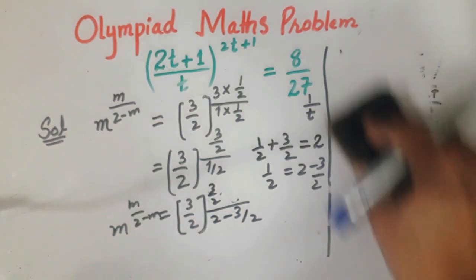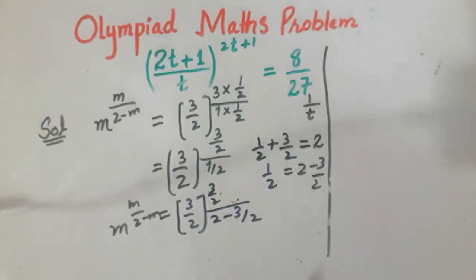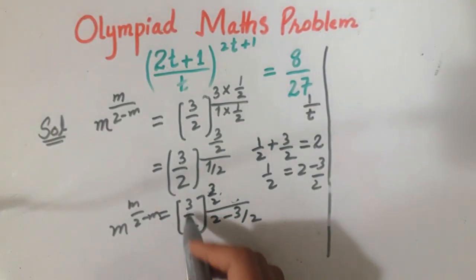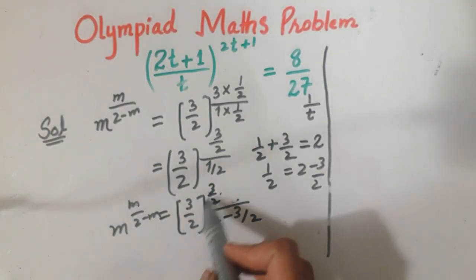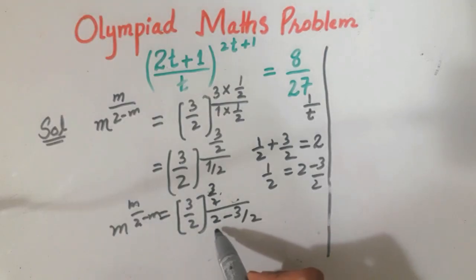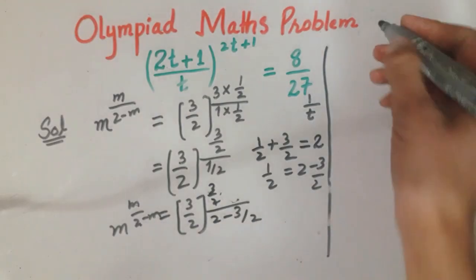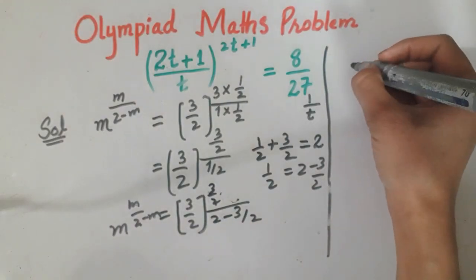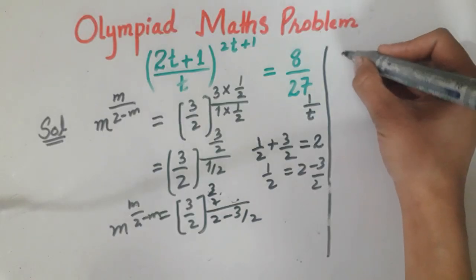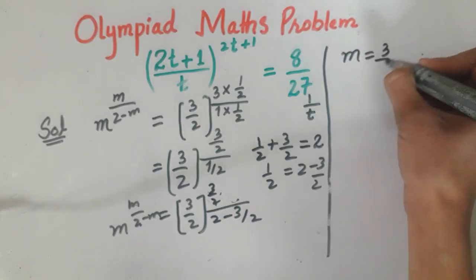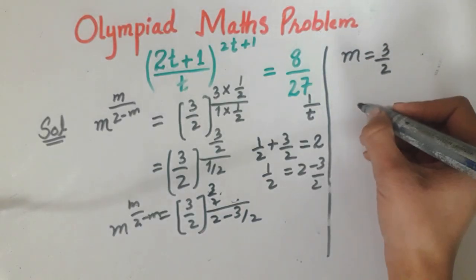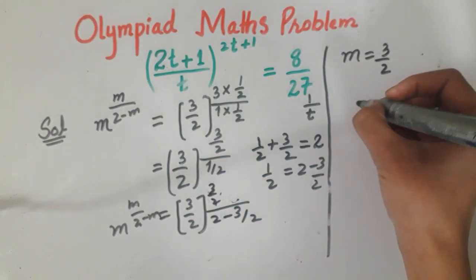Now we see that the bases are the same, m and 3/2, and its power is m, its power is 3/2, 2 - m, and here we have 2 - 3/2. That means m equals 3/2. Now we have to find the value of t.